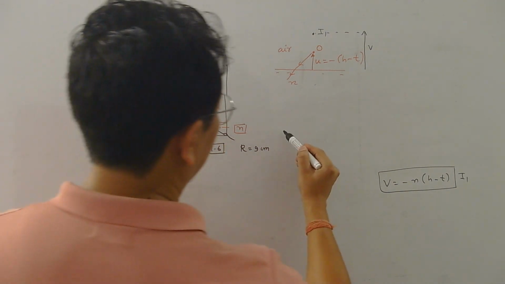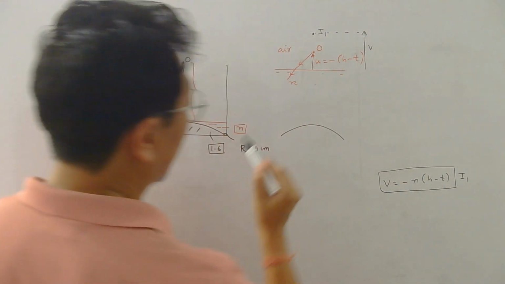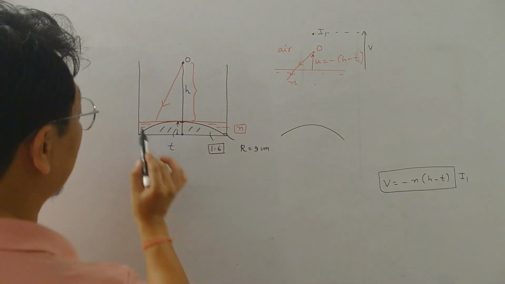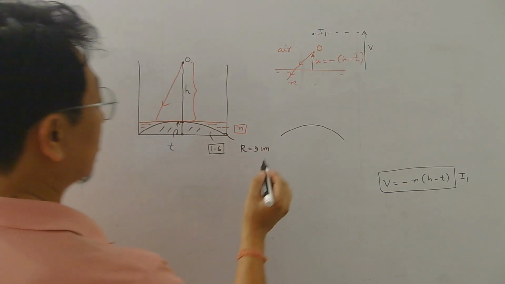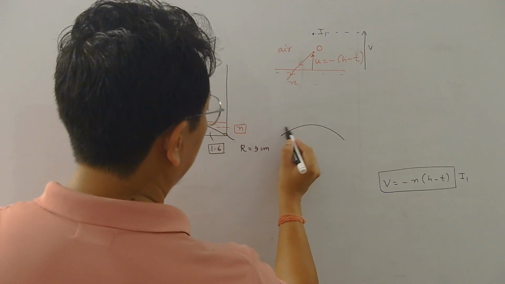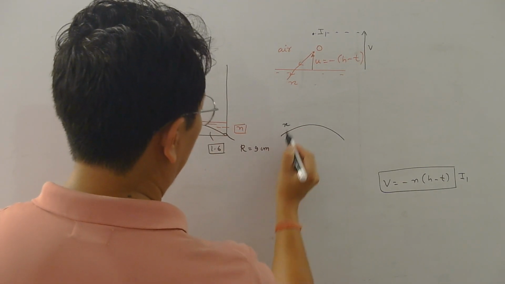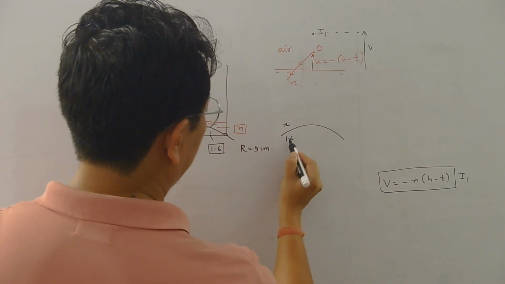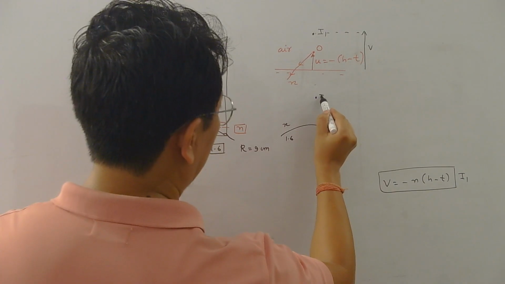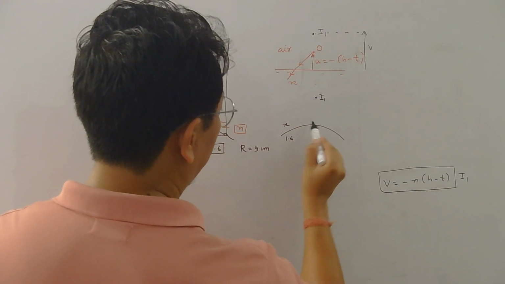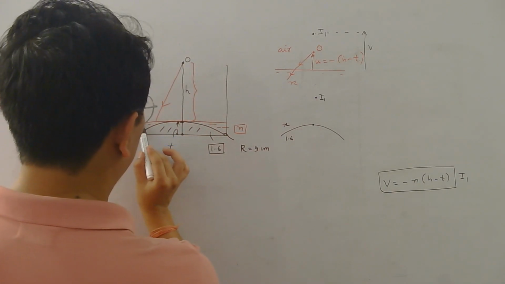Okay. So this is the liquid glass surface, and this red one was air liquid surface. So here remember the refractive index here is n. Here it is 1.6. And now I1 will act like object, and this is the pole which is same as this surface, right?